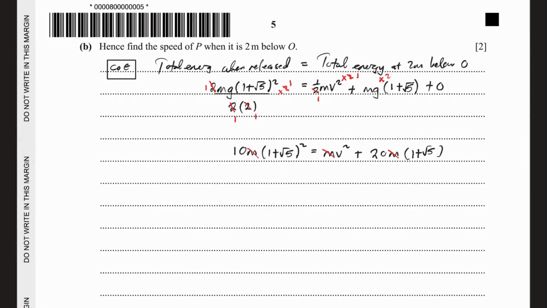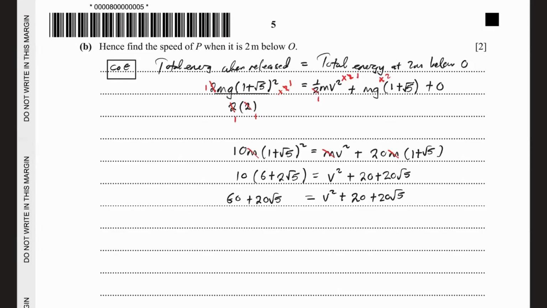So technically, we have 10 of (6 plus 2 root 5), sorry, when we expand (1 plus root 5) squared, being equal to v squared plus 20 plus 20 root 5. So we have 60 plus 20 root 5 being equal to v squared plus 20 plus 20 root 5.